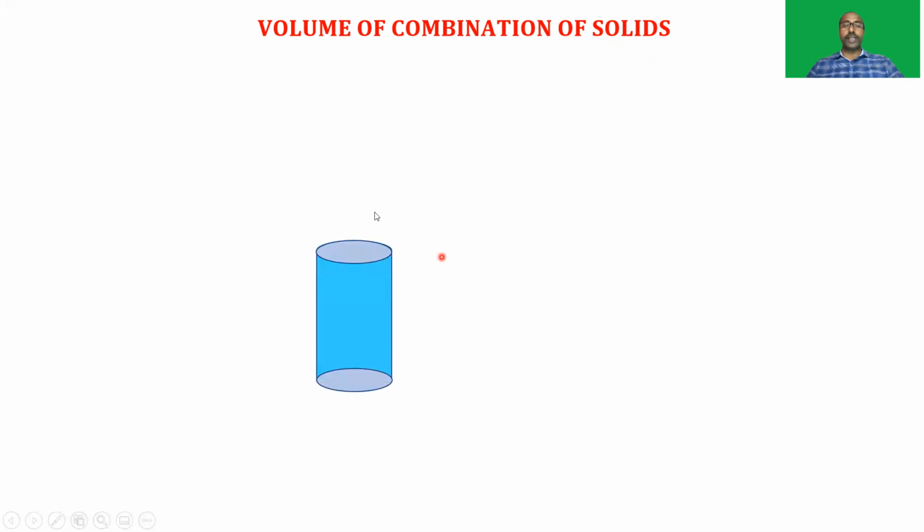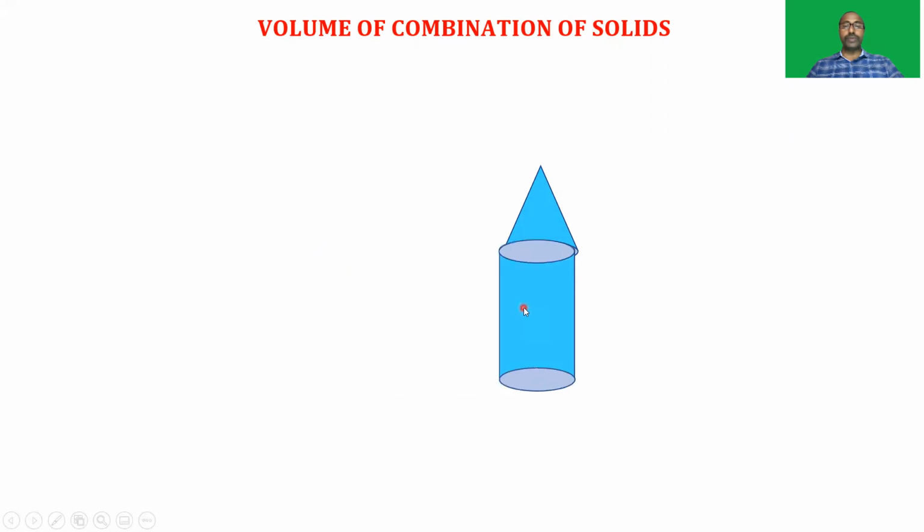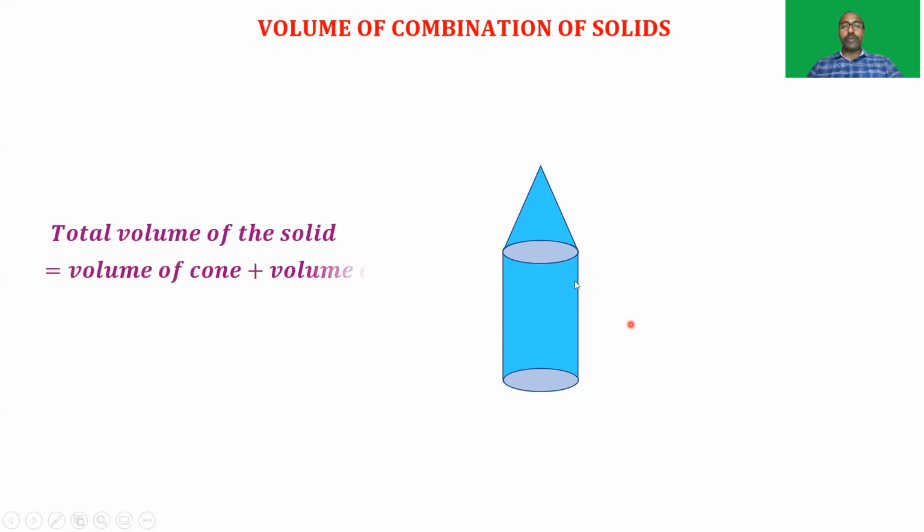Okay, so here I have a cylinder and a cone. After joining these two, we get a new solid object like this. Now the volume of this object is volume of cylinder plus volume of cone.